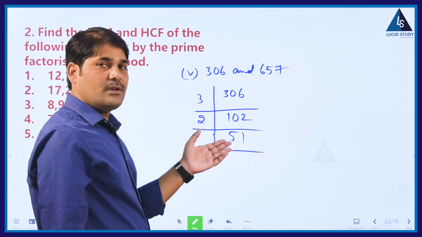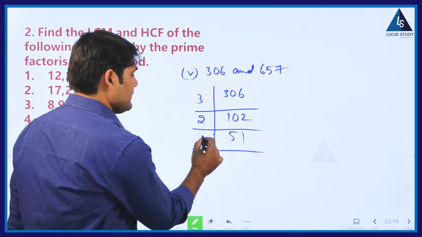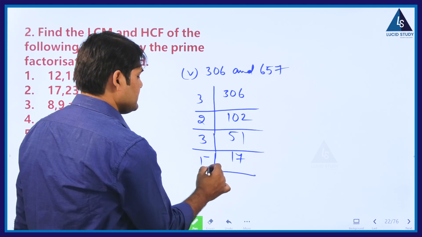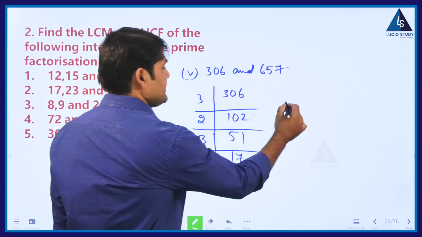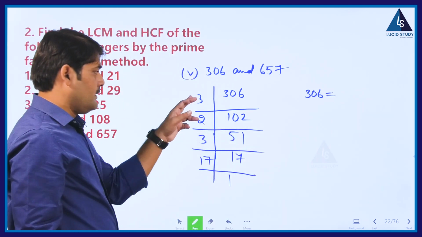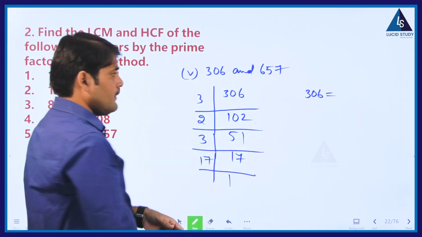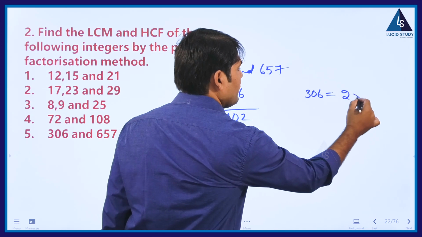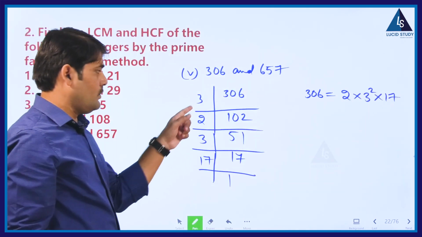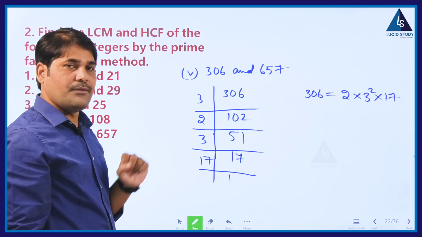If you know the table directly, you can write 3 17s and 17 1s. So how can I write 306? 306 is equal to 2 into 3 square into 17. I will write in order.